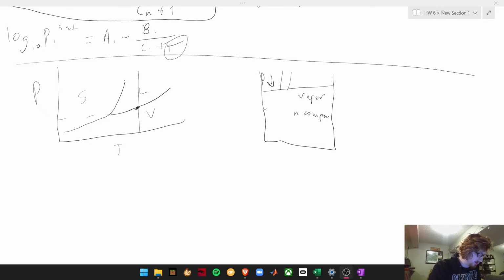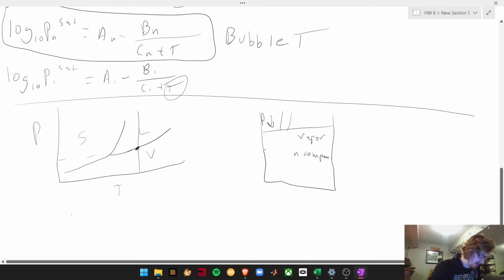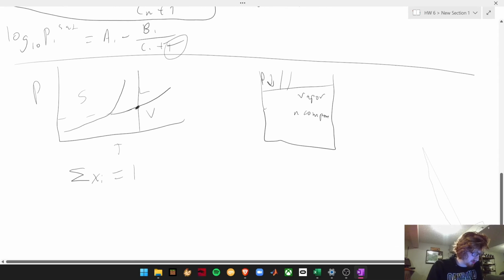We'll start off with the fairly obvious equation that the sum of the mole fractions of the liquid phase is going to be equal to 1. And again, that seems fairly obvious, but you'll see how we're able to solve for the pressure from there.